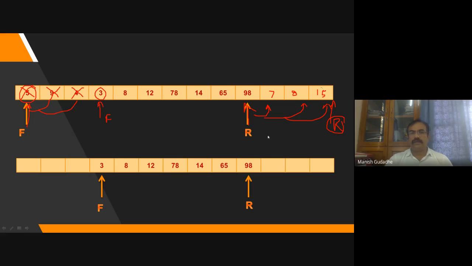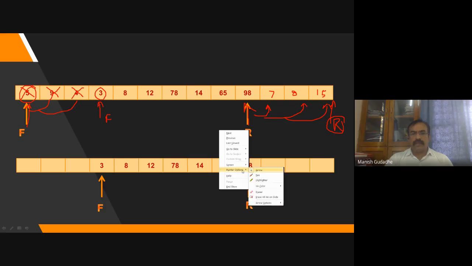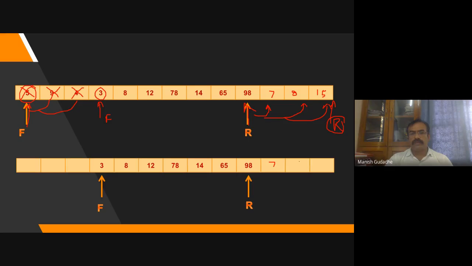Right now I'll just add these things also here: 7, 8, 15. So what has happened? R is pointing here. R is suggesting that it has already reached the last element and no further element can be added.